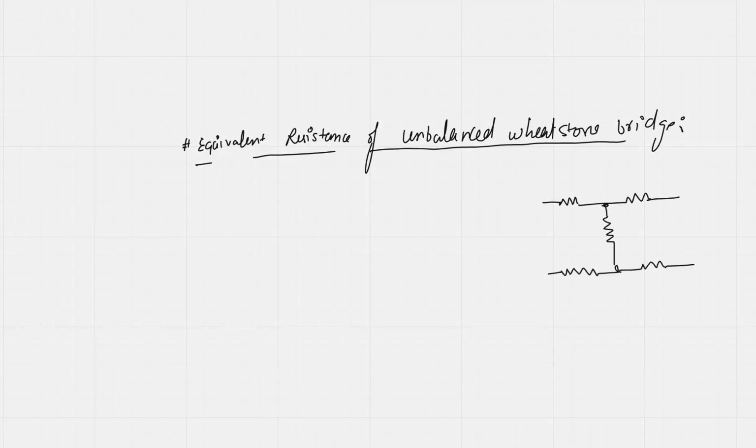Okay, this is the figure. This is the A terminal, this is the B terminal. You can make it 5 ohms, 3 ohms, 4 ohms, 6 ohms, and this is your 2 ohms. This is the given condition.